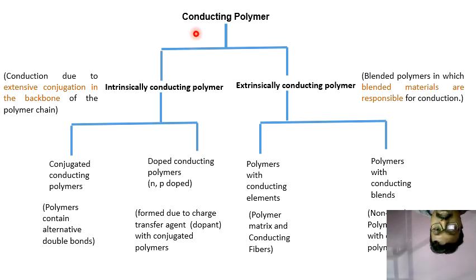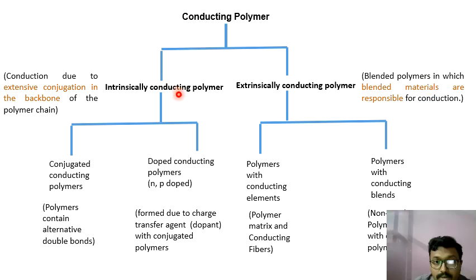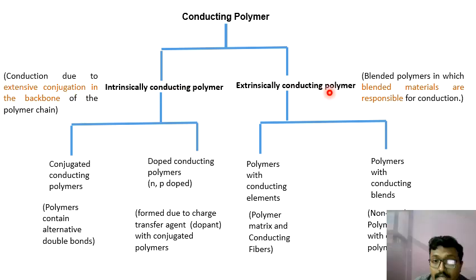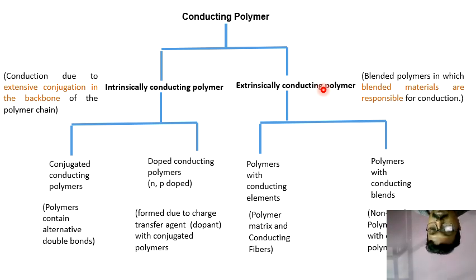Okay, so the difference is, in intrinsically conductive polymer, the polymer itself is conductive because of the presence of conjugated double bond. Extrinsically conductive polymer means the polymer is mixed with some conductive material, which is called blended material.